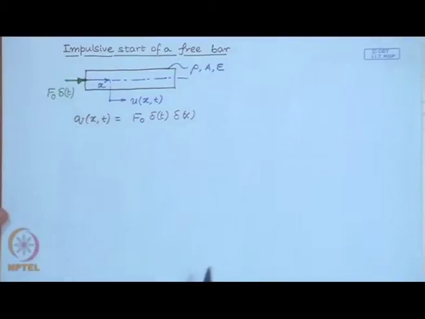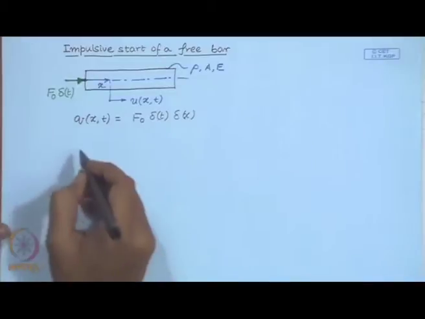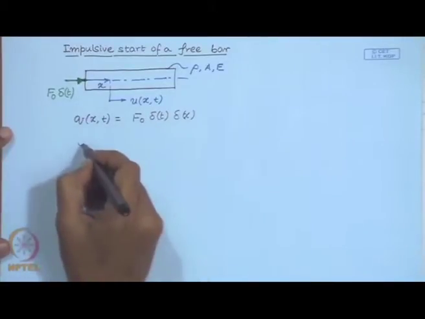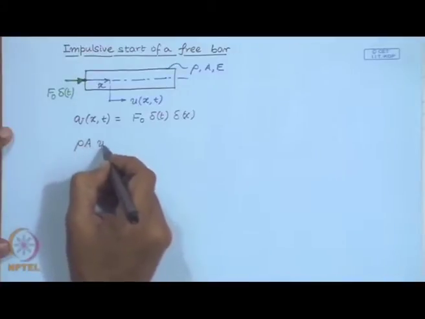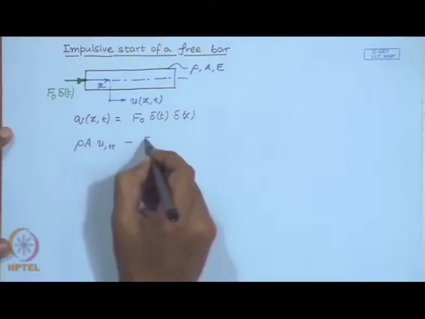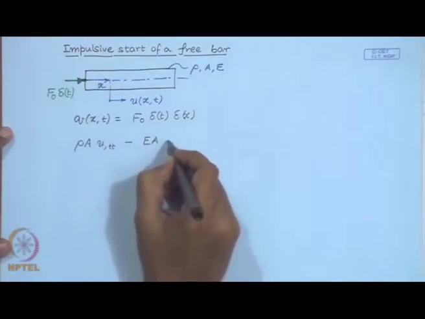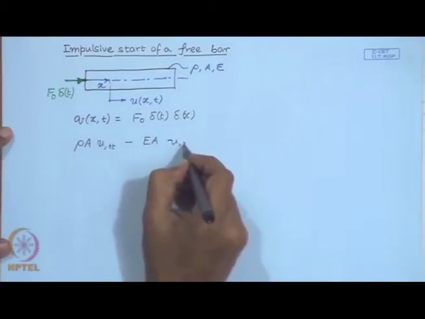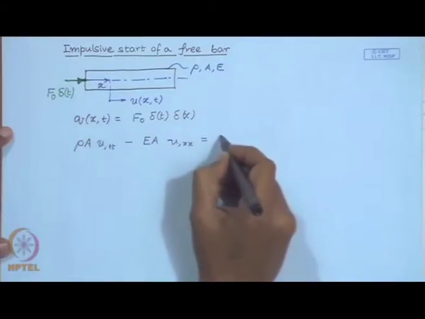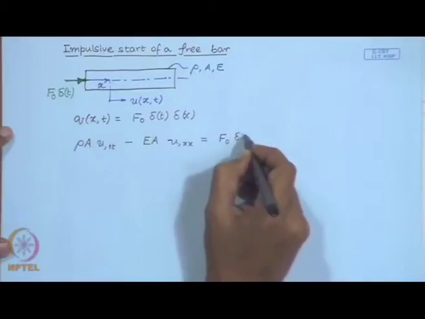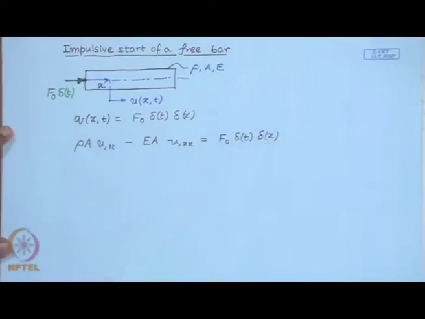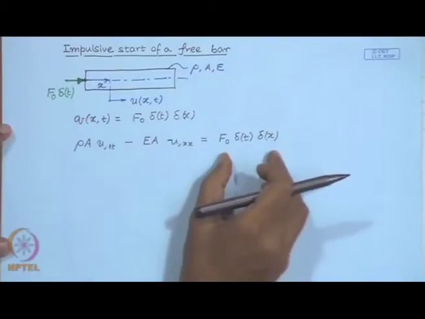So we have this force. Our equation of motion for this bar reads as follows, and this is the forcing.